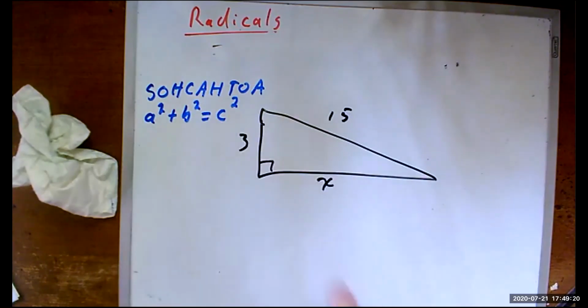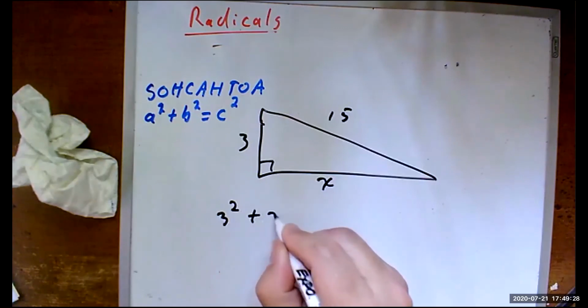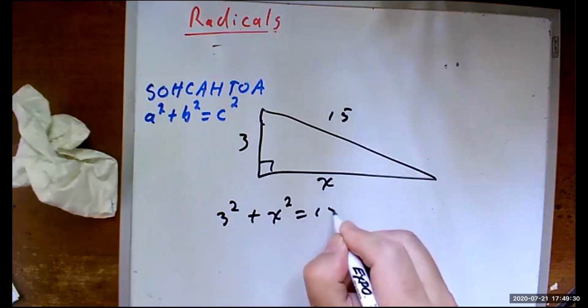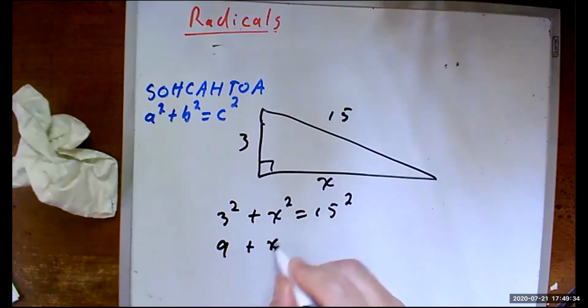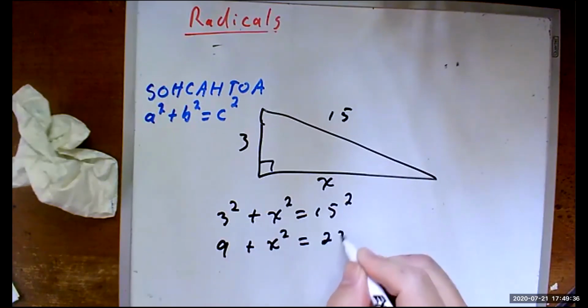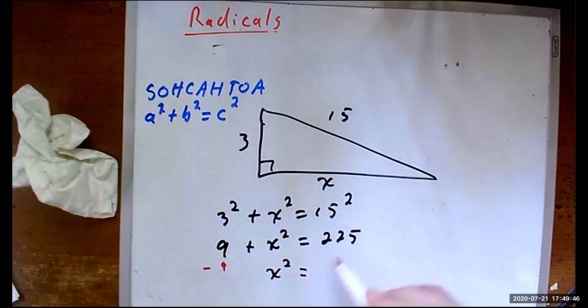Our Pythagorean theorem, of course, a squared plus b squared is equal to c squared. So I will take it as a, b, c. 3 squared plus x squared equals 15 squared, so 9 plus x squared is equal to 225.